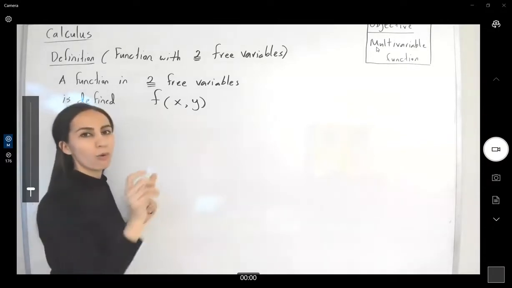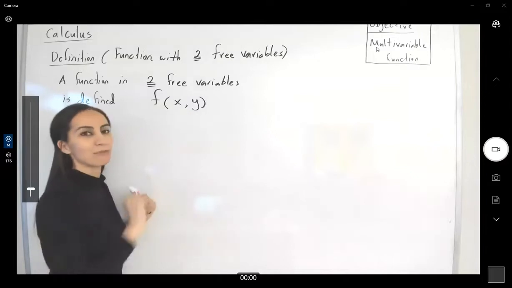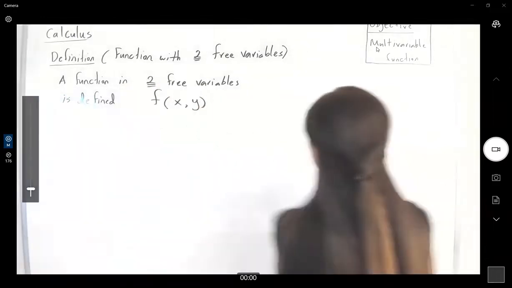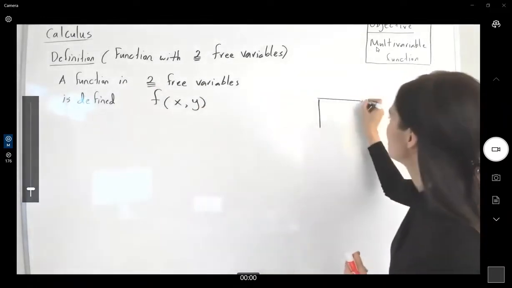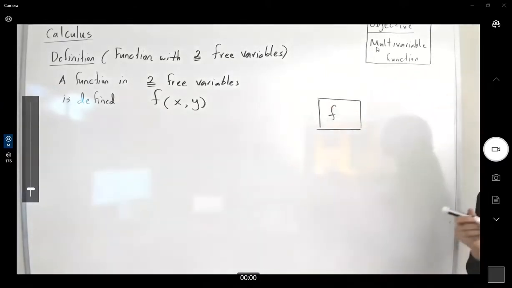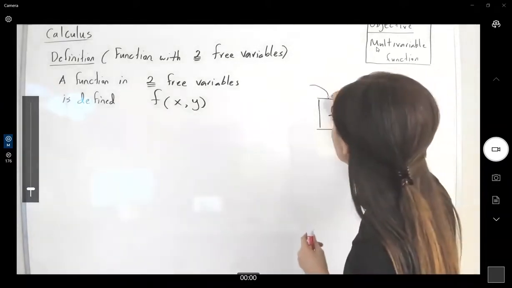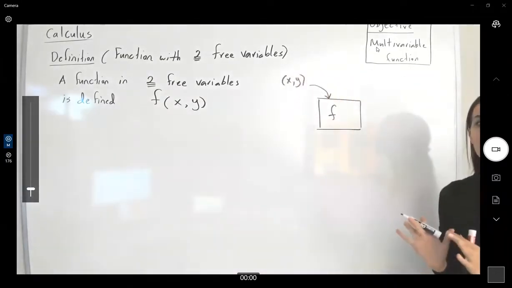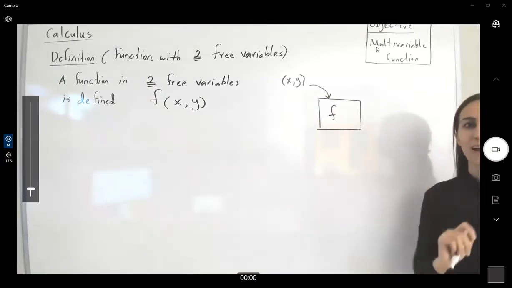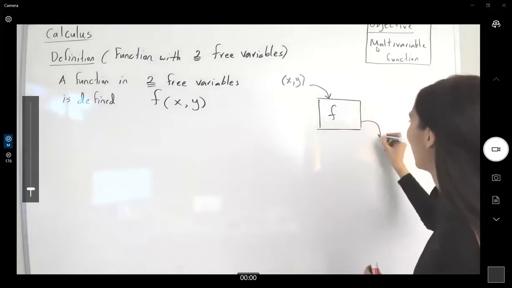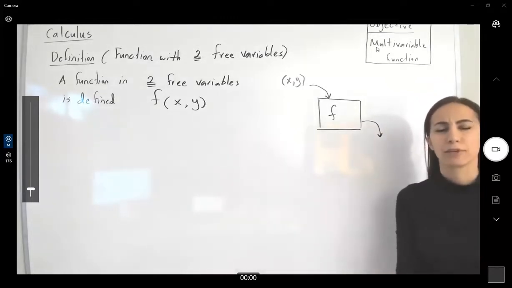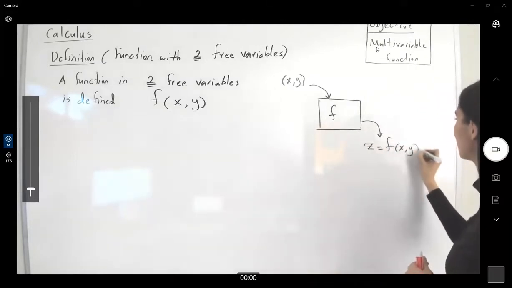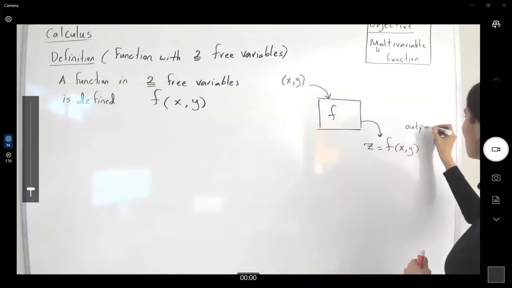It takes on ordered pairs, x and y, makes some changes, and gives you an output. So this is your machine. This is your f. Now you plug in x and y values into this machine. It takes two values and it gives you back some output values that we call z. z is equal to f of x and y. These are your outputs.